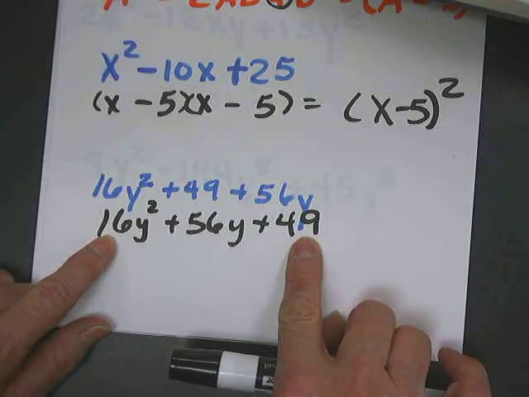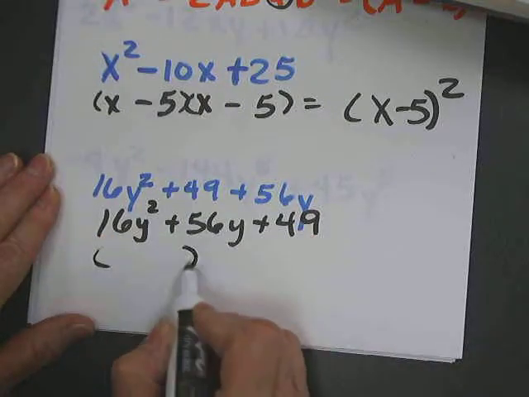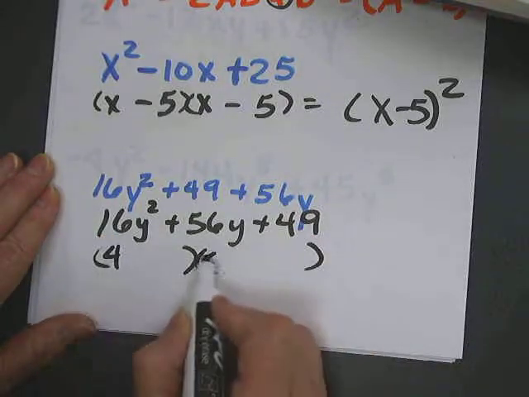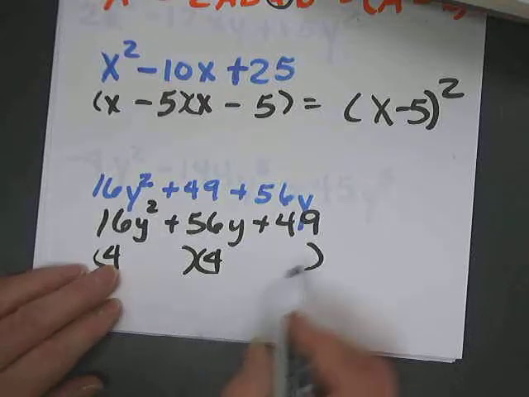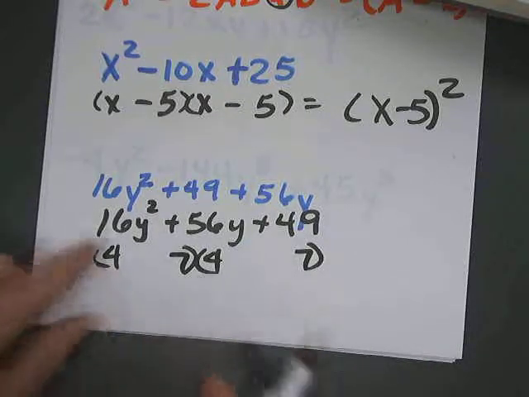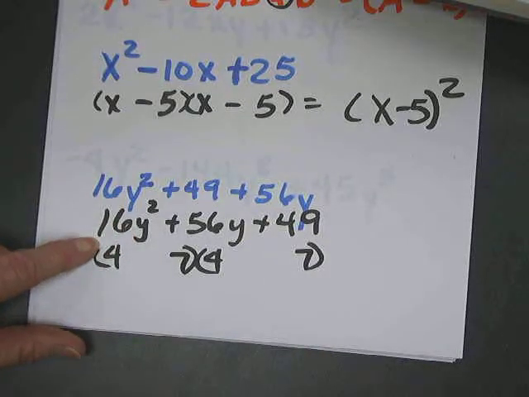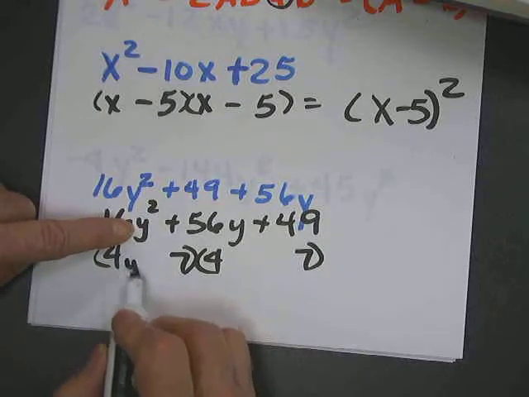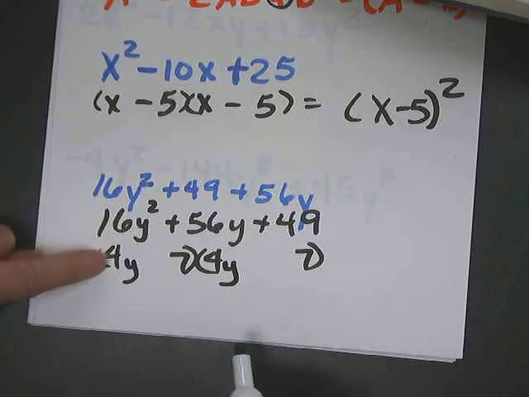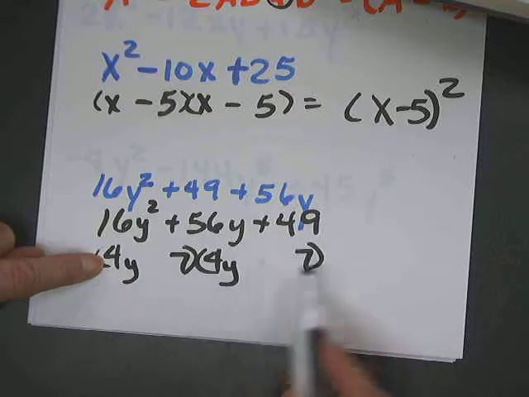Is this a square and is this a square? Yes. Great, that's what we want. 4 and 4, 7 and 7. Okay, to get the y squared, we also need y and y. So it's 4y, 4y, and it ends in 7, 7.